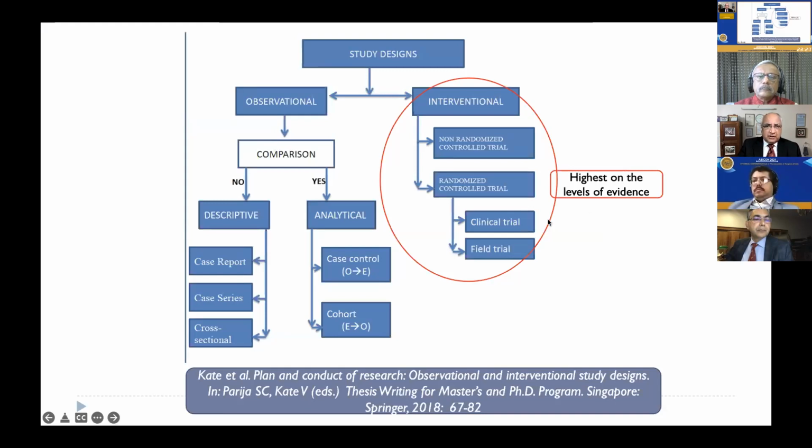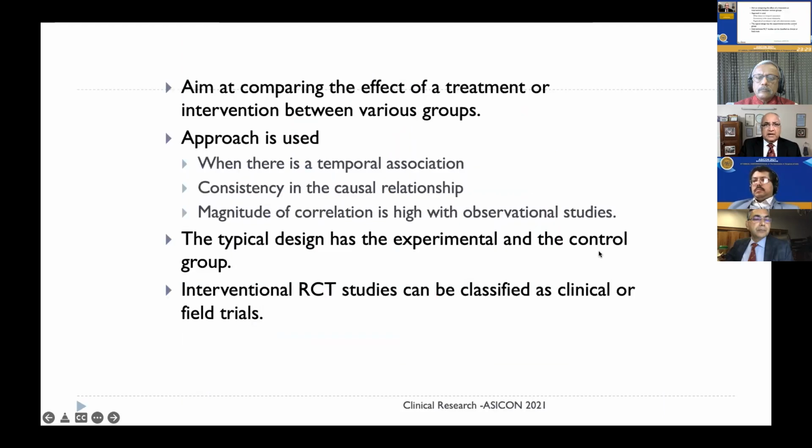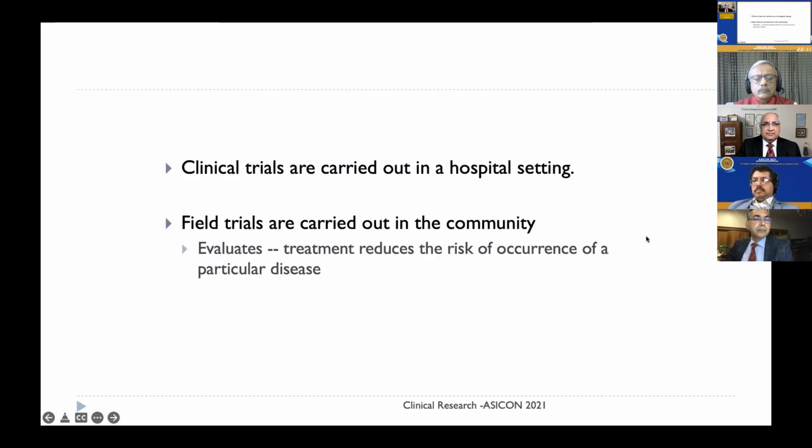So I'll just touch upon interventional studies, which give the highest level of evidence: the randomized controlled trials, as we call them. This is the approach. We can get temporal association, consistency with causal relationship, and the magnitude of correlation is high when compared to observational studies. Clinical trials in hospitals can also be called field trials.